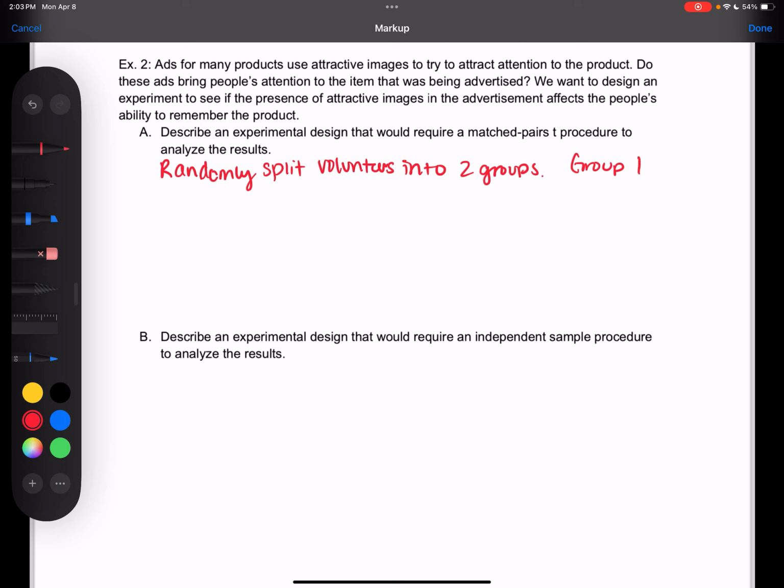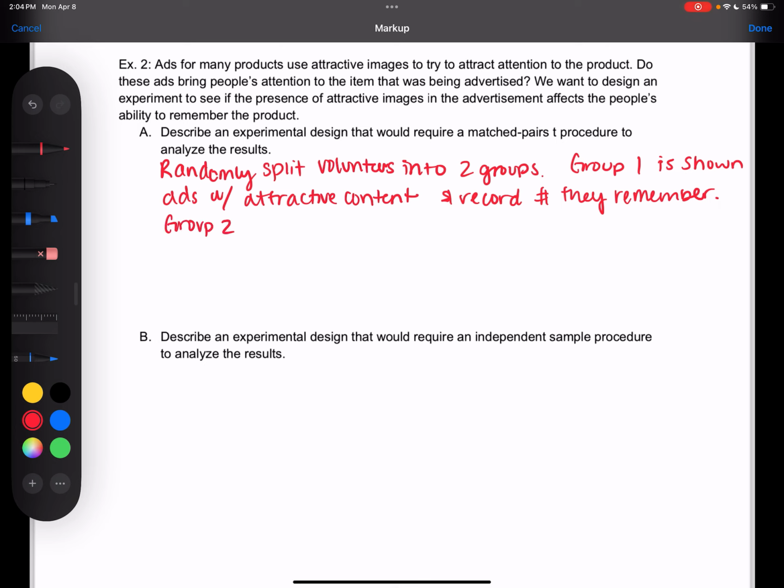Group 1 is shown ads with attractive content and record the number that they remember. Oh wait, not group 2 yet.